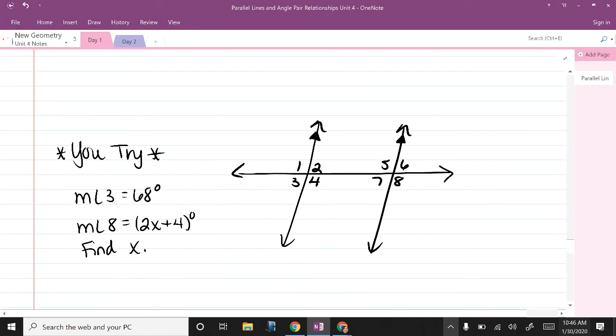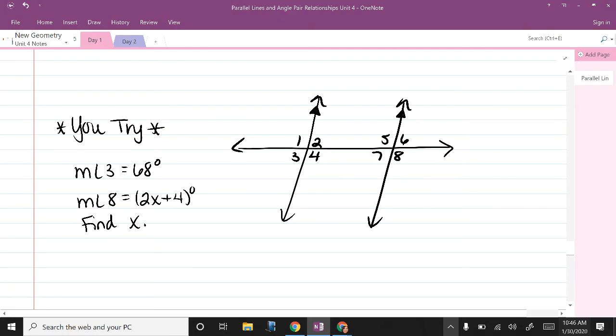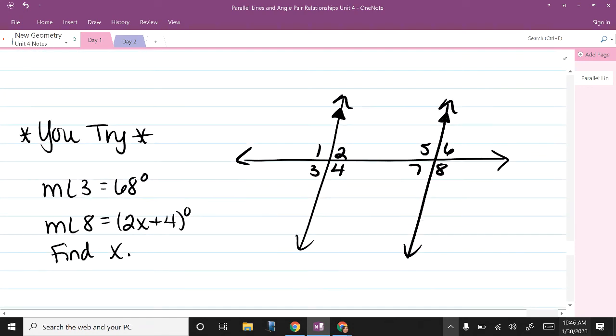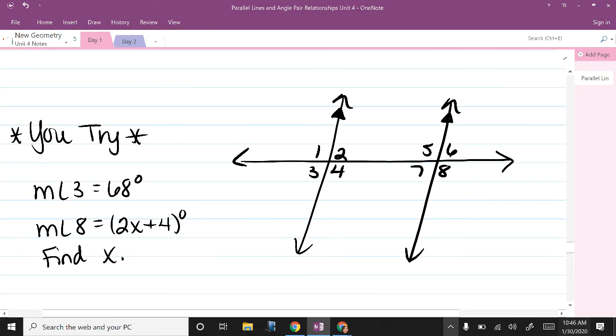Here's yours. You try. This looks harder, but it's really not. Can y'all see it? There you go. Draw it, fill it in, and solve it.